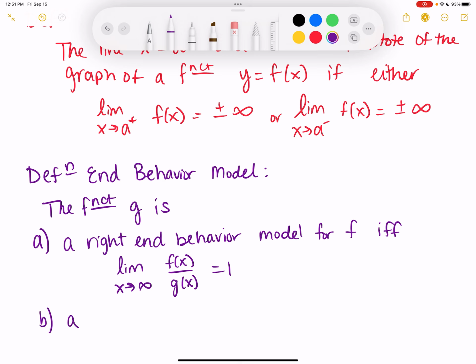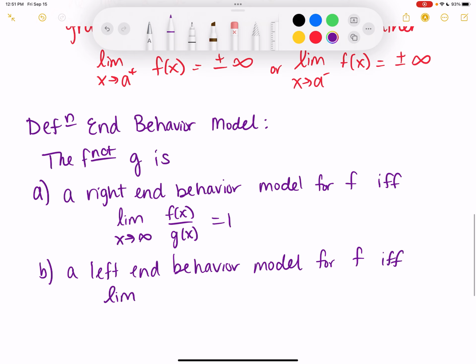And B, a left end behavior model for f if and only if the limit as x approaches negative infinity of f of x over g of x is equal to 1.